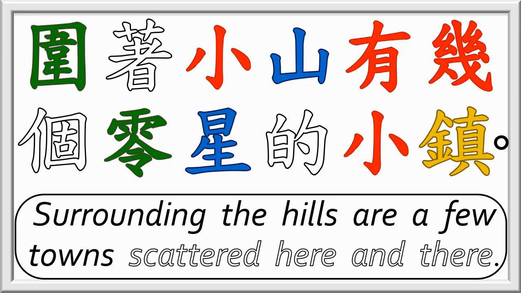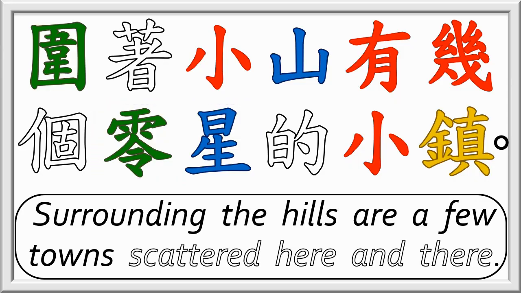Other things can be described as scattered out or not connected together. The phrase for this is 零星, literally scattered like stars in the sky. 围着小山有几个零星的小镇.